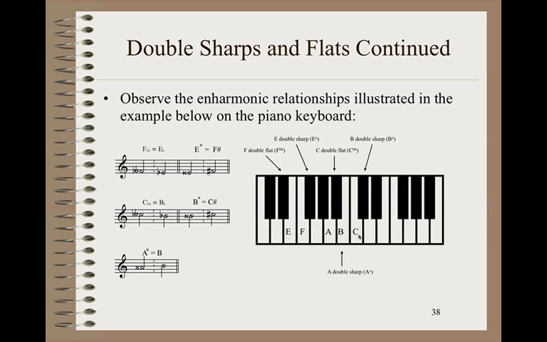So here's C, and then you go down one to the B, another half step to the B flat. Or B double sharp is the same as C sharp. So here's B, a half step up is C, and a half step above that is C sharp.